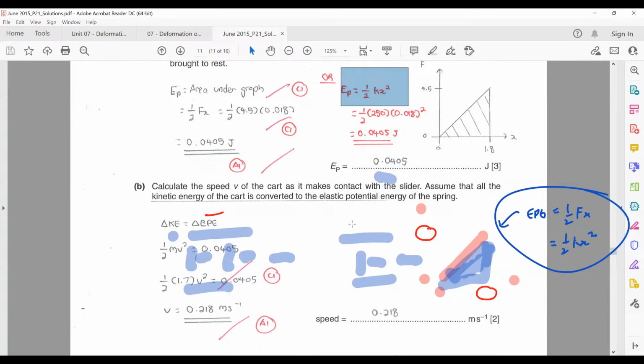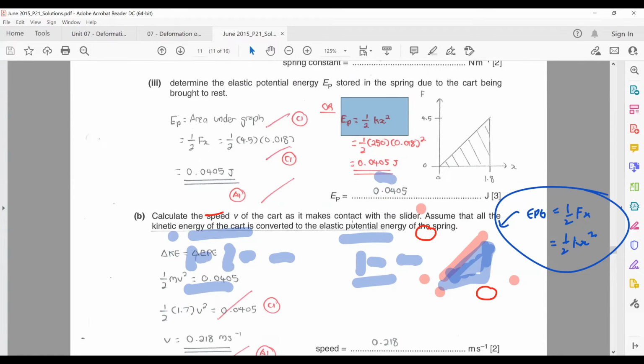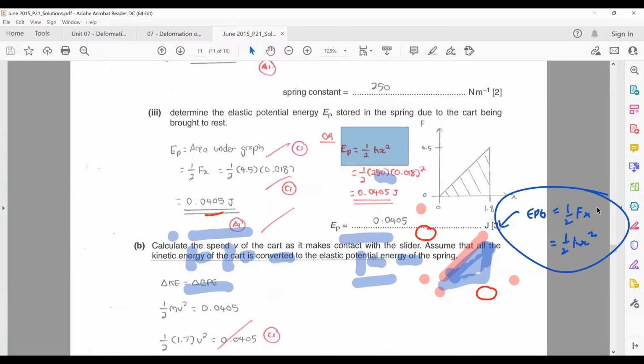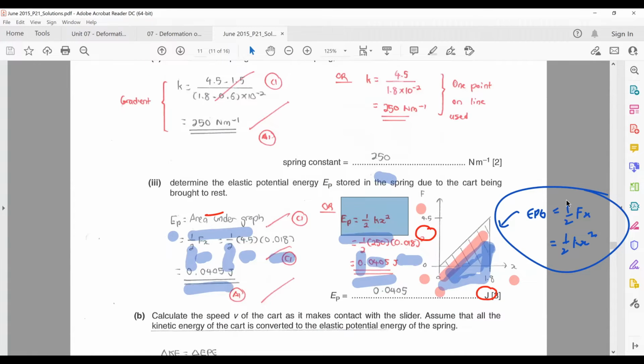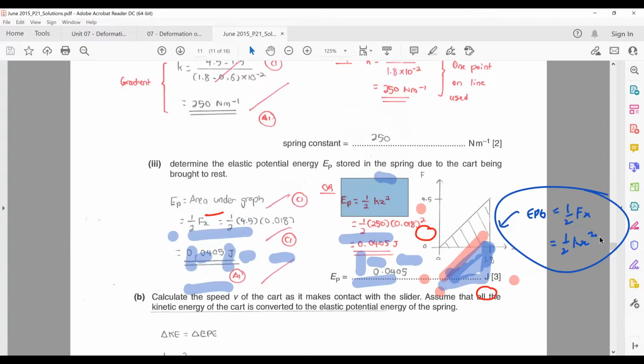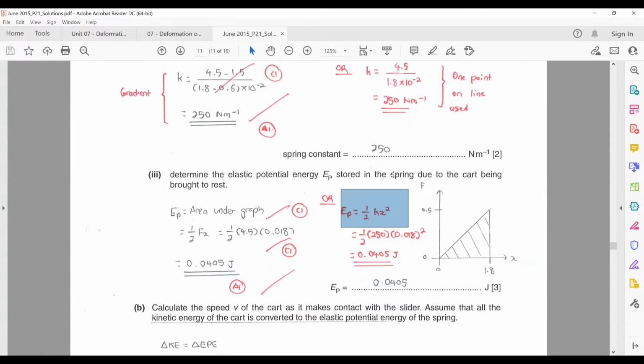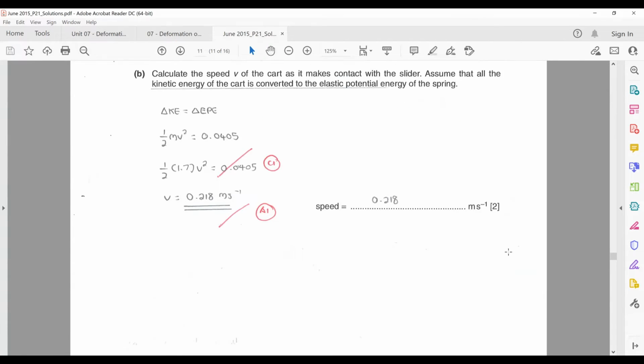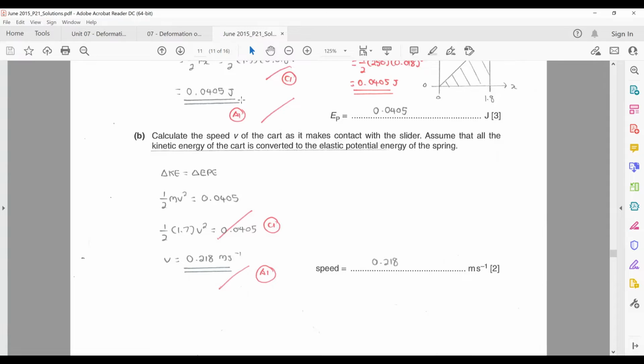So earlier I mentioned that your cart makes contact with the spring. Let me just clear off everything. So earlier just now I made mention that when your cart makes contact with the spring, it compresses the spring and then the cart will slow down to a stop, right?